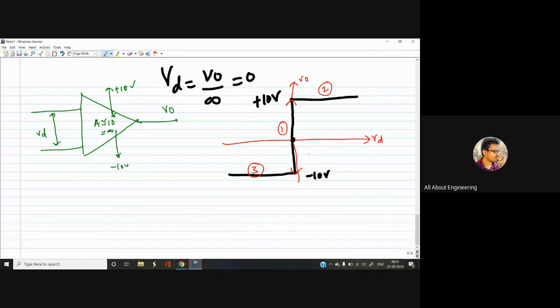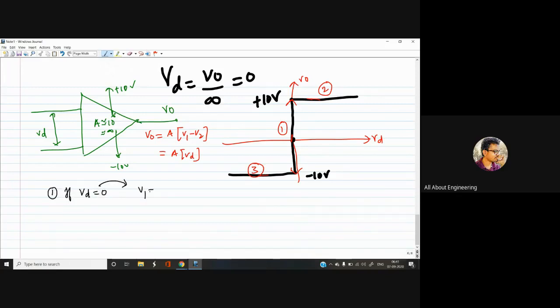You are dividing the characteristics into three pieces, that is piece 1, piece 2, and piece 3, and analyzing the characteristics in three different zones. Now let me write the equation once: V output equals gain times Vd, that is V1 minus V2.